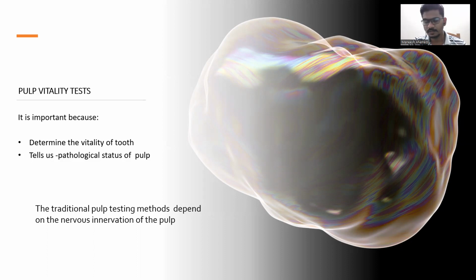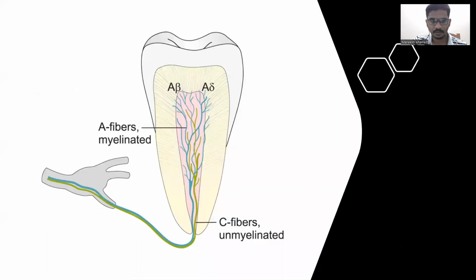Let's see how it is done, and let's see what the latest advances in pulp vitality testing are. To start with, let's discuss briefly the pulpal innervation, how the pulp is innervated by different types of nerves. The main innervation of pulp is by A fibers and C fibers.